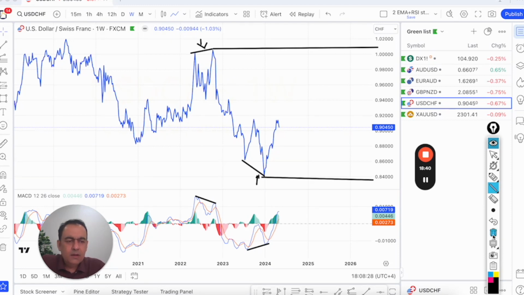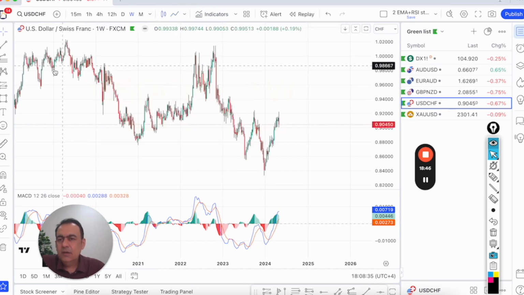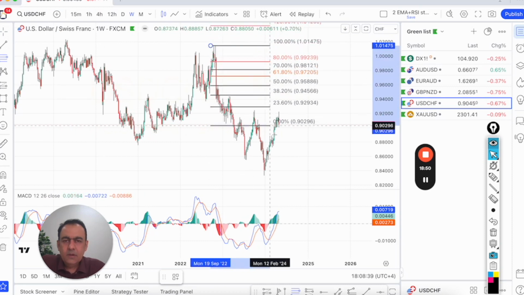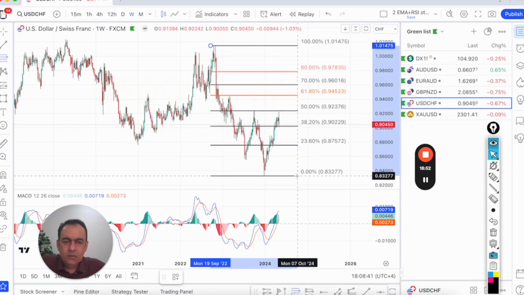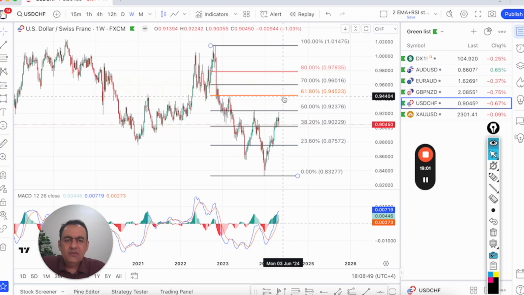So I can mark Fib retracement. I'll mark Fib retracement on the candle chart. So I'll start from the highest candle here and I'll drag Fib retracement to the lowest candle. So once a cycle is completed, we can expect a pullback at least towards 50% or 61.8 on the Fibonacci scale.